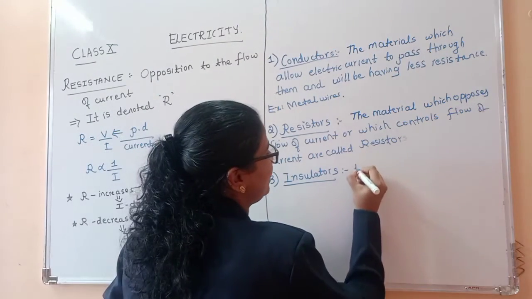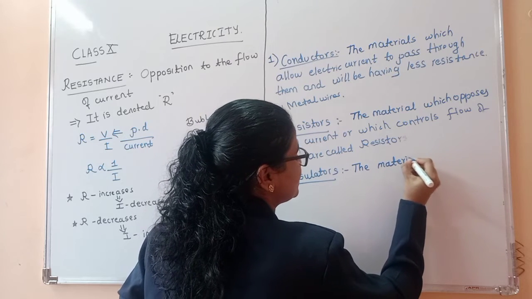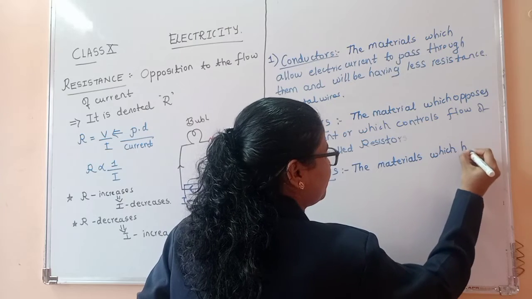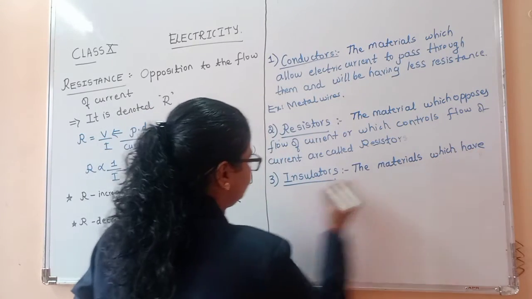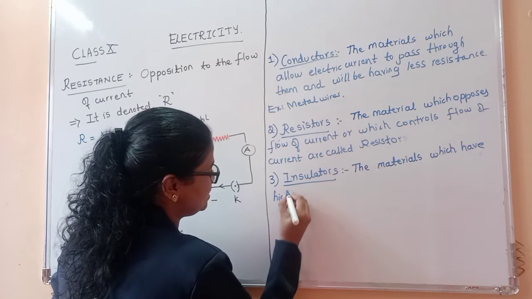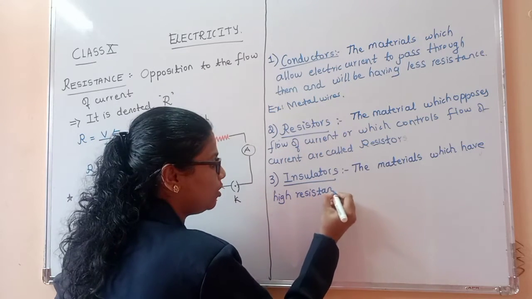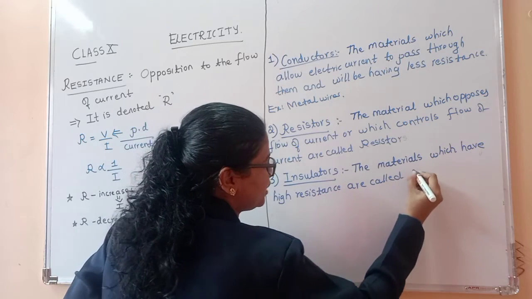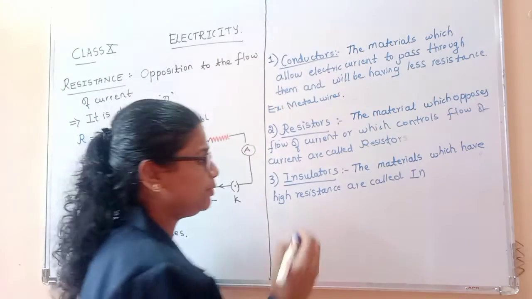So we can define insulators as the materials or substances which have high resistance. For example, we can take plastic, rubber, wood.